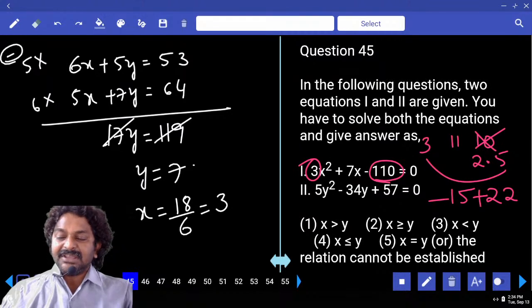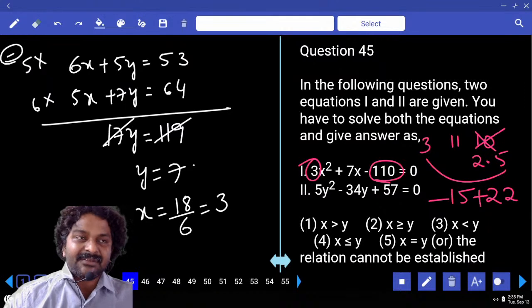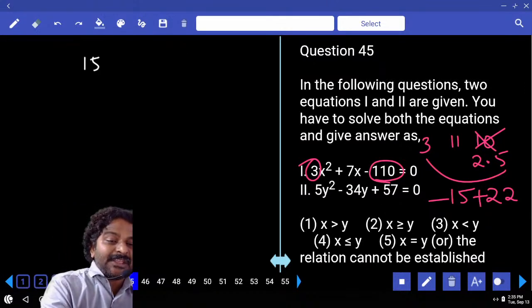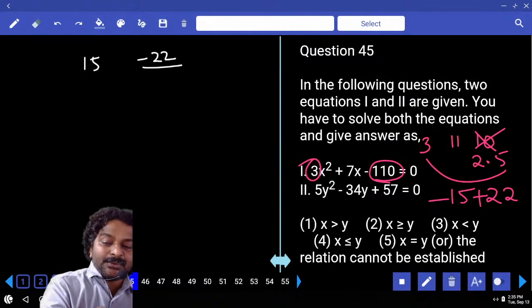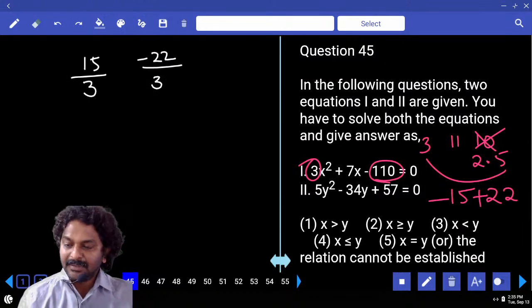So our combination is minus 15 plus 22. Product is negative and sum is 7x. Then the factors are plus 15 minus 22 divided by the coefficient of x square, 3. Yes. Next.